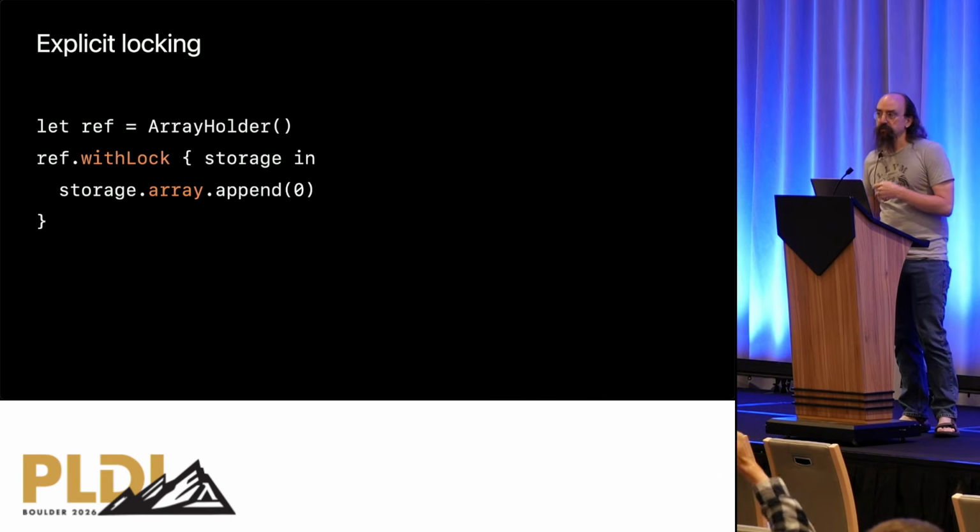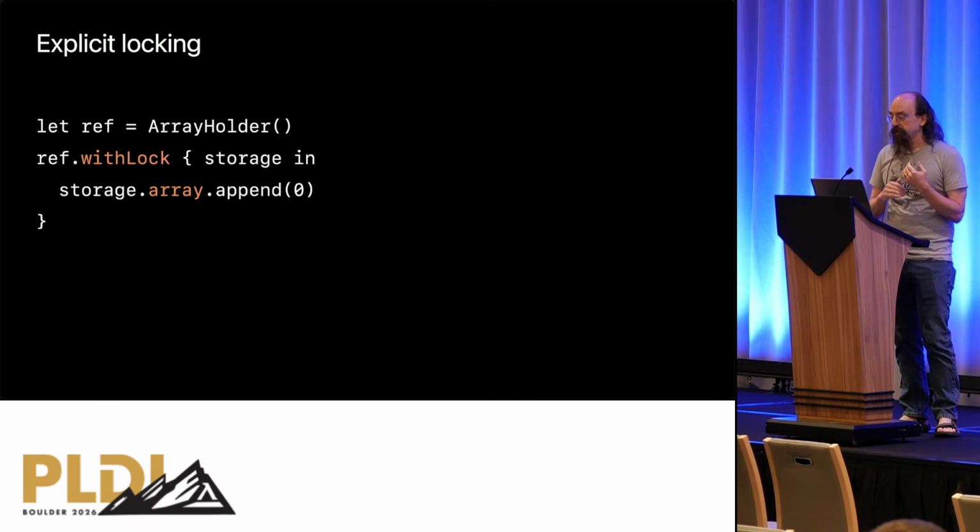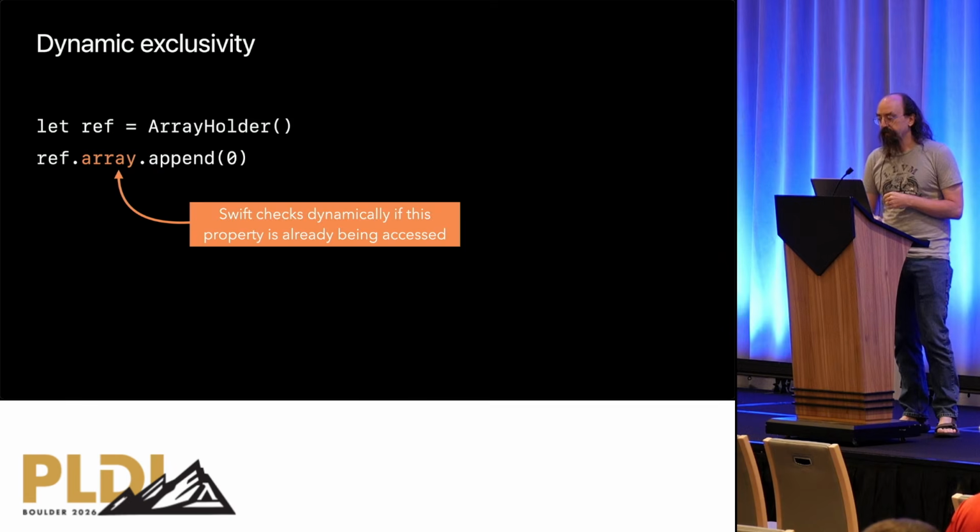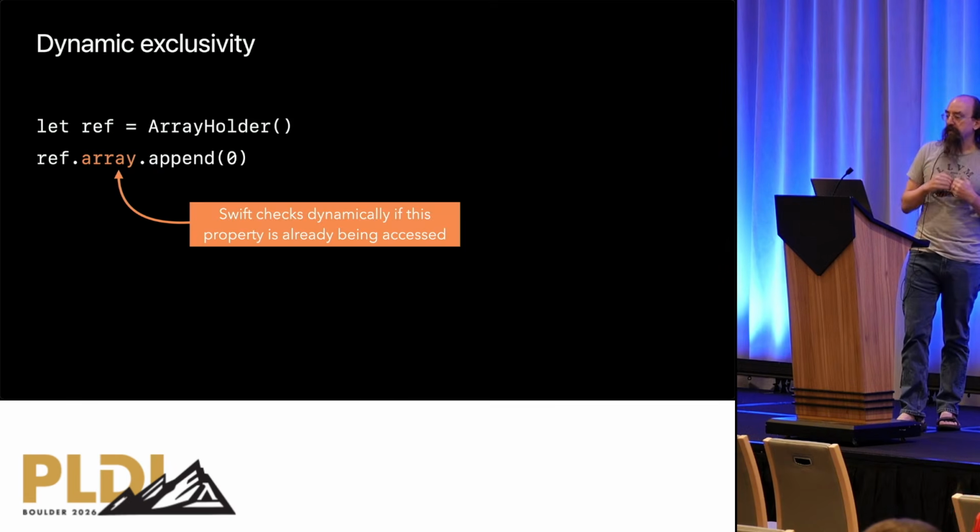And in practice, while reentrancy in class-based code can be a real semantic problem, it rarely leads to the specific aliasing issue that we're worried about protecting against in order to preserve memory safety in the language. So in Swift, we make a pragmatic choice to enforce exclusivity on class properties with implicit dynamic checks.